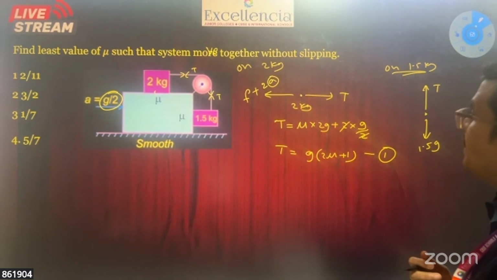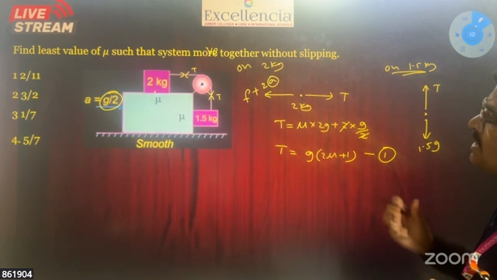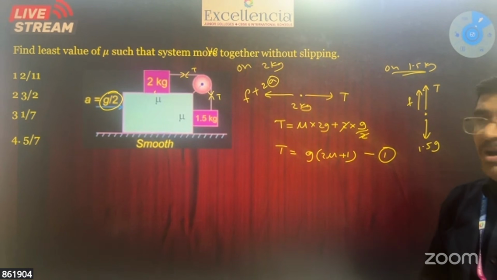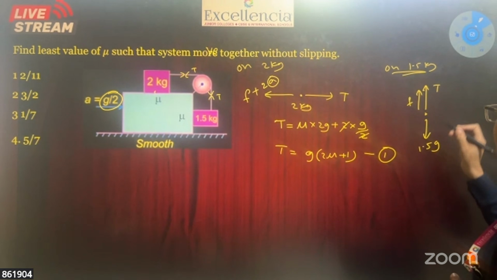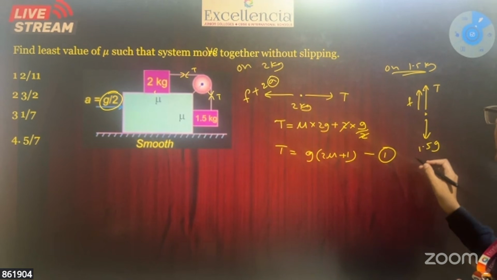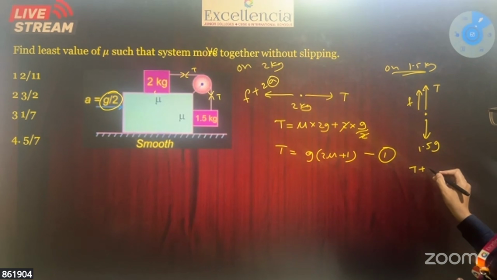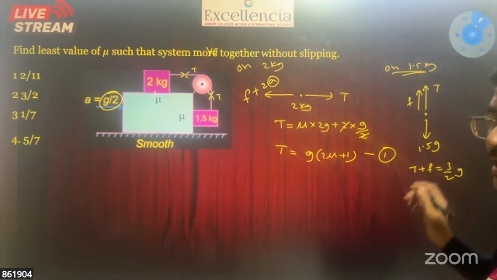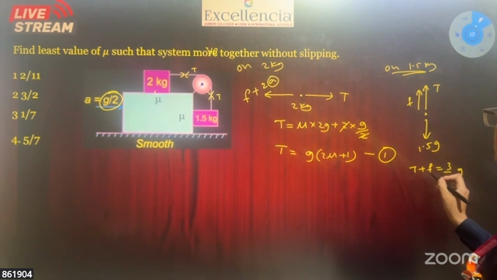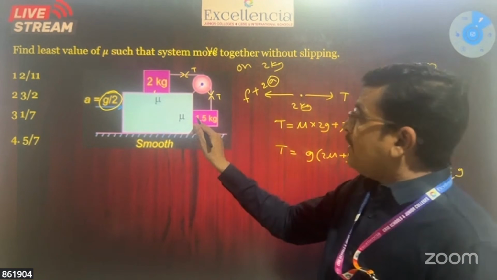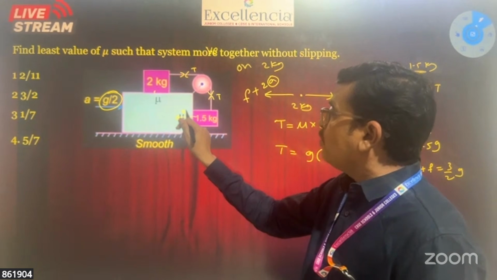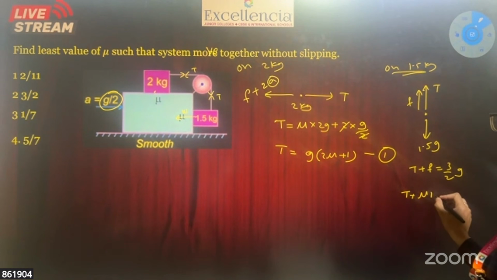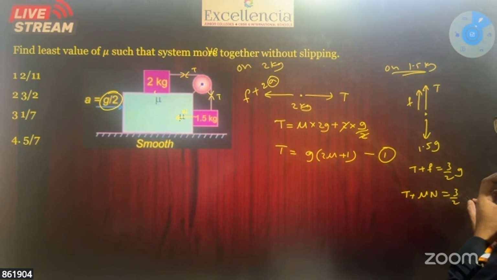Also the friction will be there, because the tendency is for it to move downwards, so friction has to act in the upward direction. That needs to be balanced. So T plus F must be balanced with 3 by 2 g. I'll take F as the frictional force, normal into mu. So T plus mu into normal must equal 3 by 2 g.